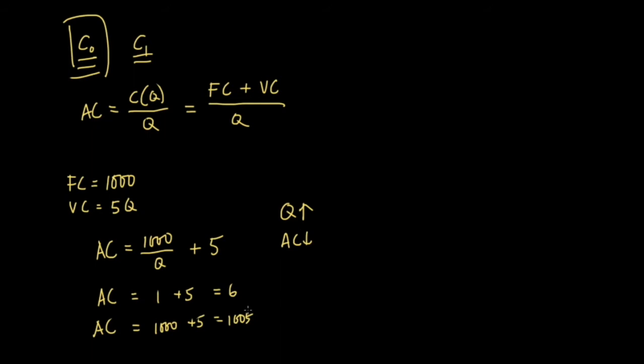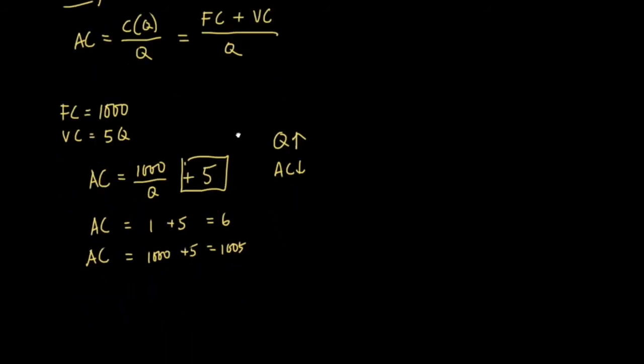And so we see that if this firm was able to produce a very, very large quantity, say in the limit of infinity, the average cost when this firm produces infinite quantities of output would be equal to 5. Okay, so let's add something else to our reasoning here. Let's talk about demand.